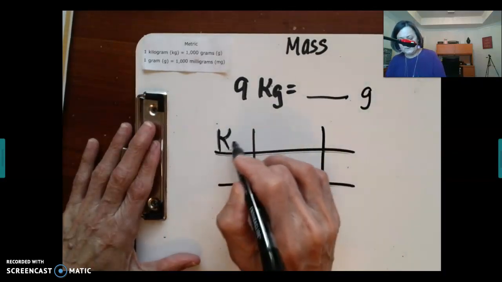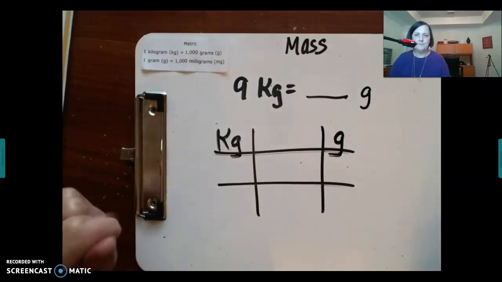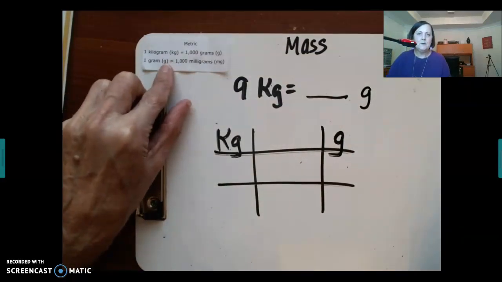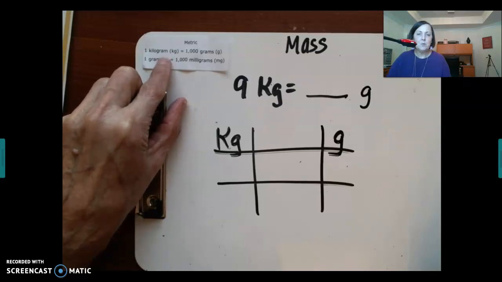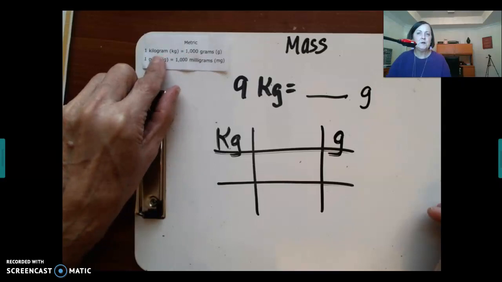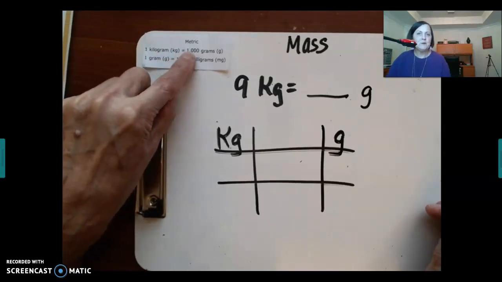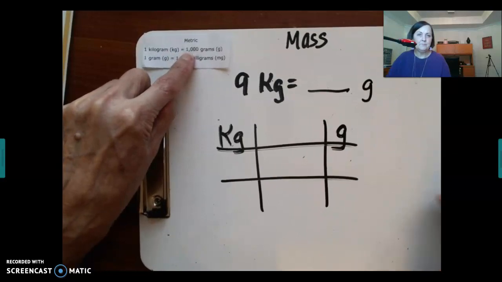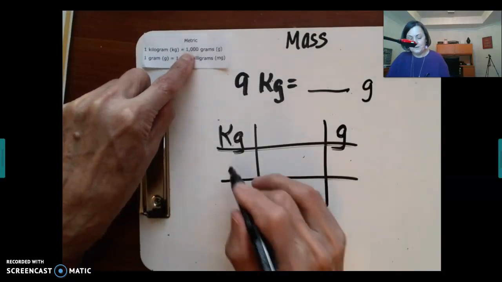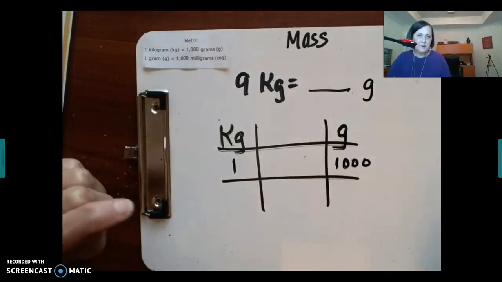You should have done this already. Got that? All right. Now, 1 kilogram equals 1,000 grams. Put your 1 in the correct column. And put your 1,000 in the correct column. And you should have written those numbers there.